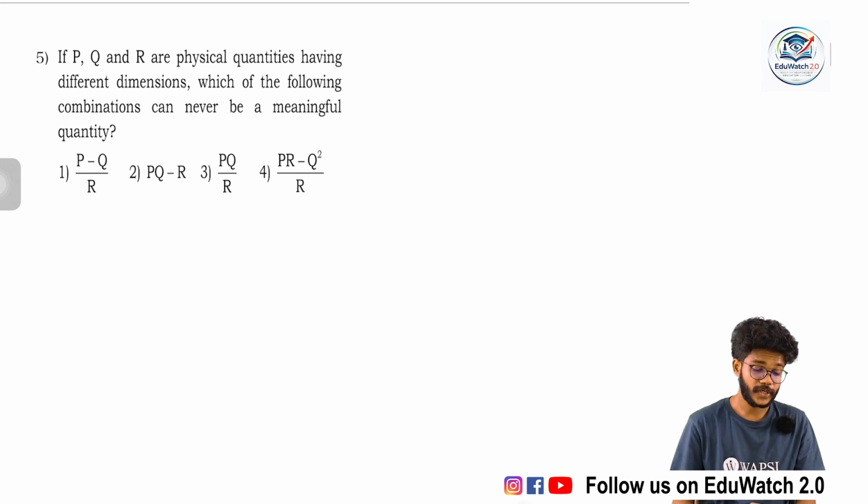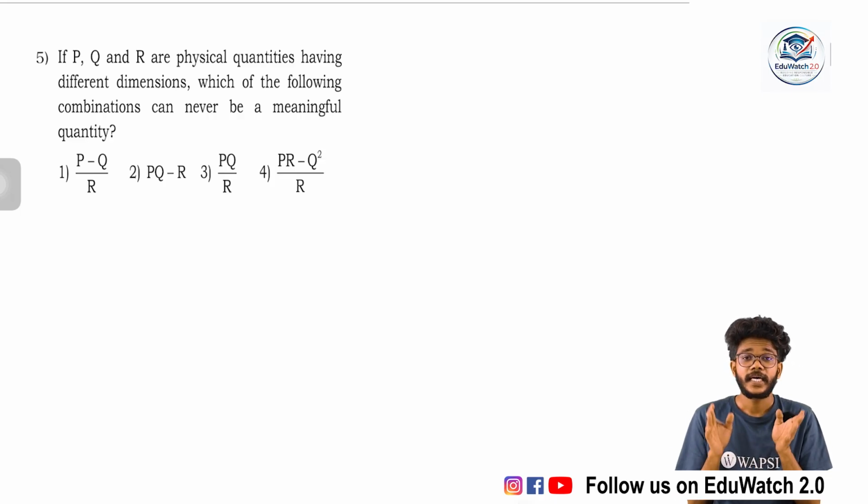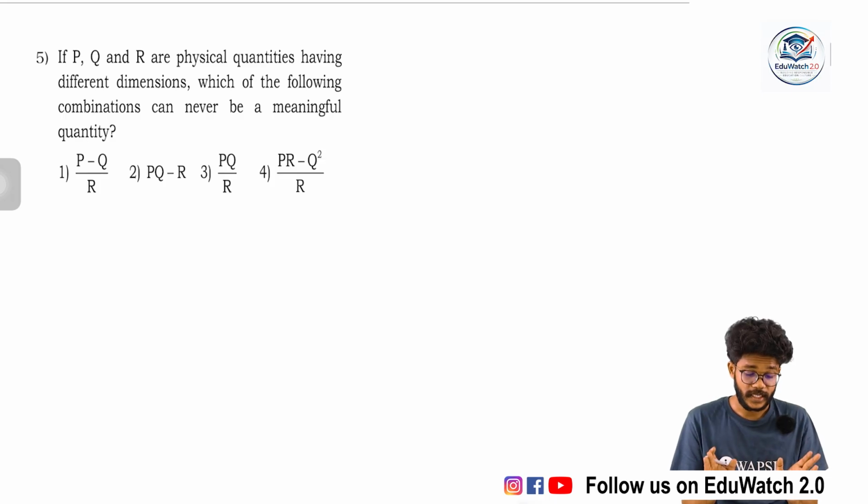If P, Q and R are physical quantities having different dimensions. If P is M, then Q can be L, and R can be anything, like time T or S. Which of the following combinations can never be a meaningful quantity?